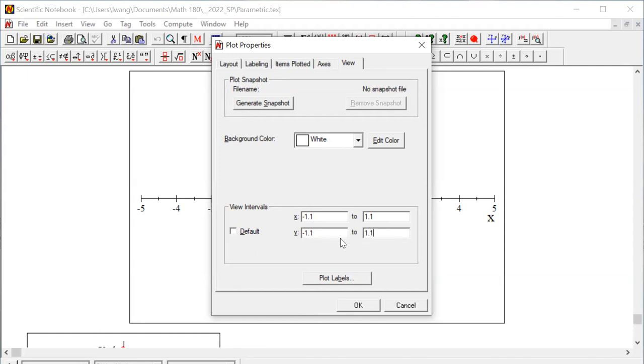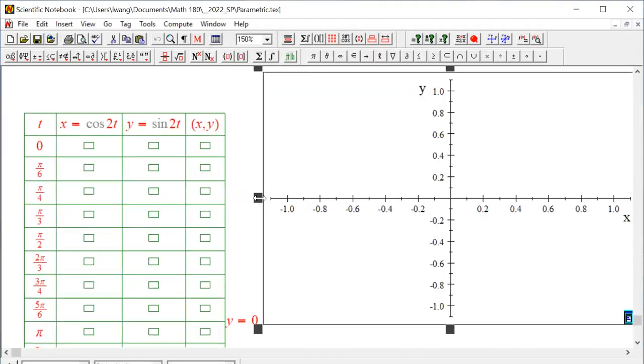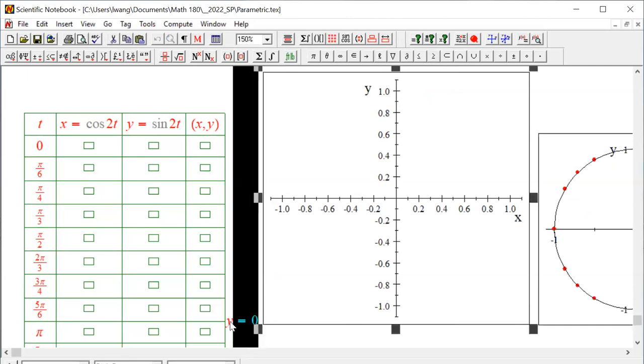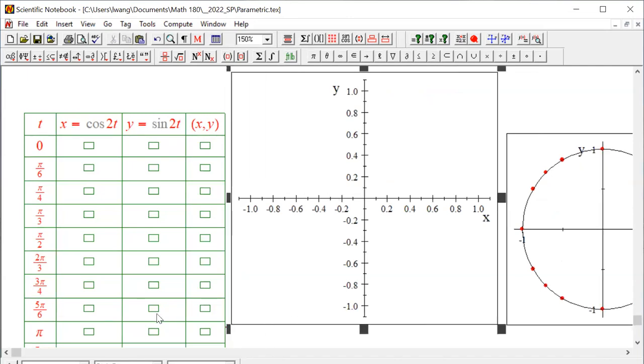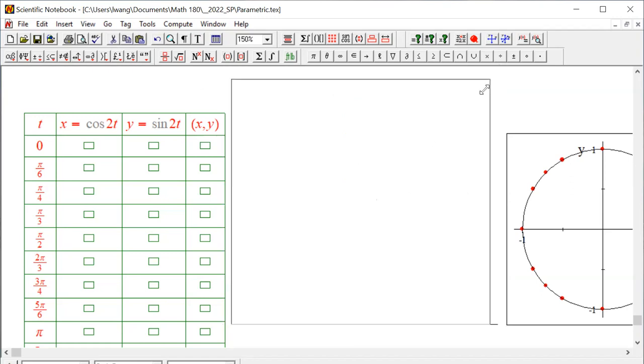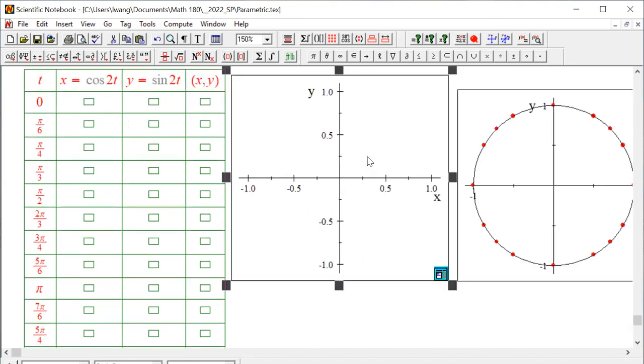And 1, 1. So that's the new rectangular system. We expect a unit circle, but this time I'm going to choose points. This is how I'm going to choose the points.